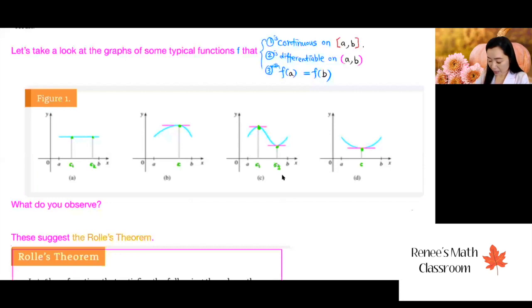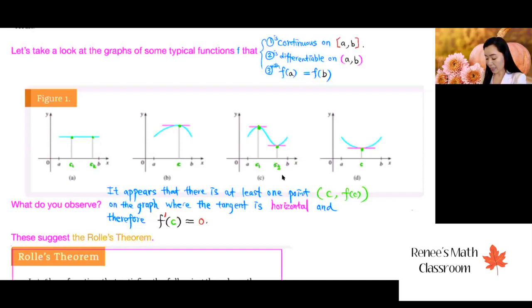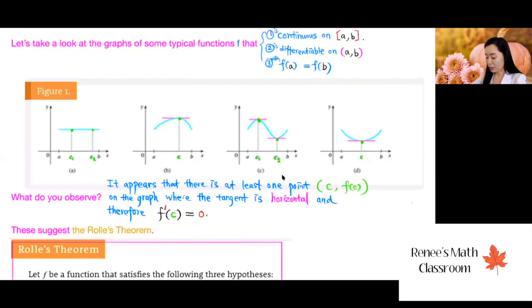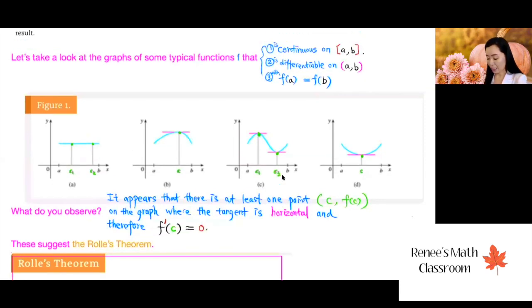Let me write down the observation. So it appears that there is at least 1 point on the graph where the tangent is horizontal, and therefore the derivative is equal to 0 at that point. So that's our observation, if the function satisfies these three conditions over here.